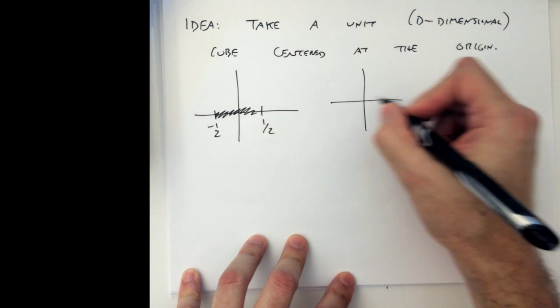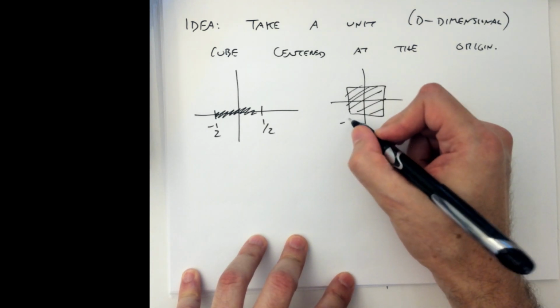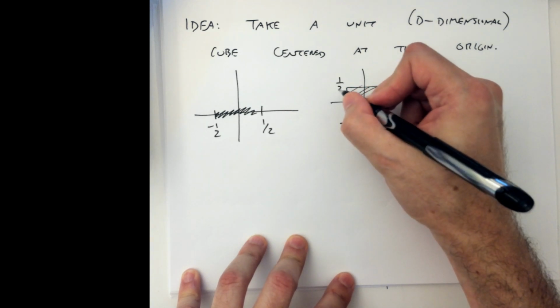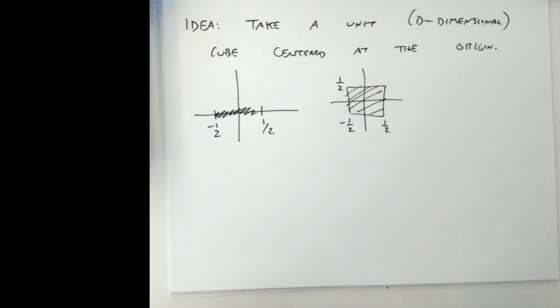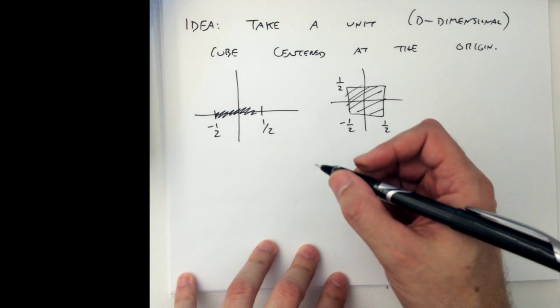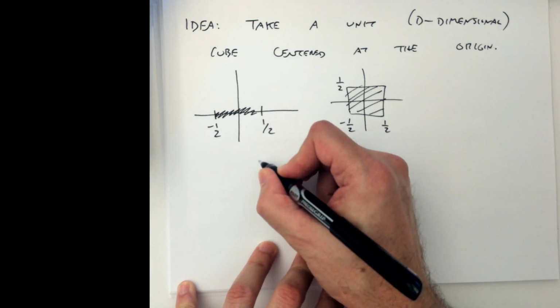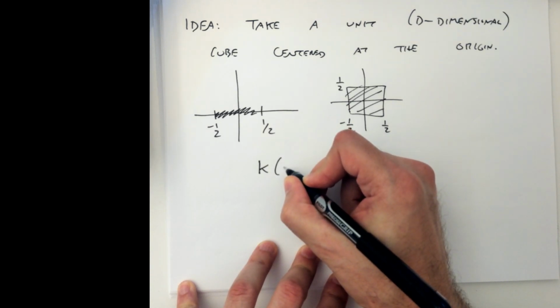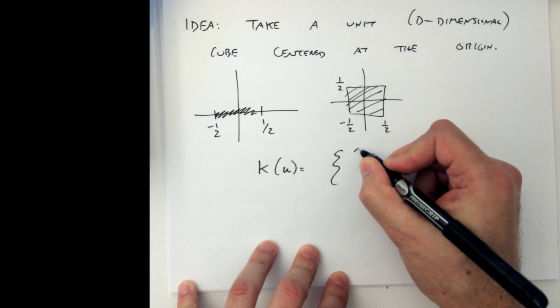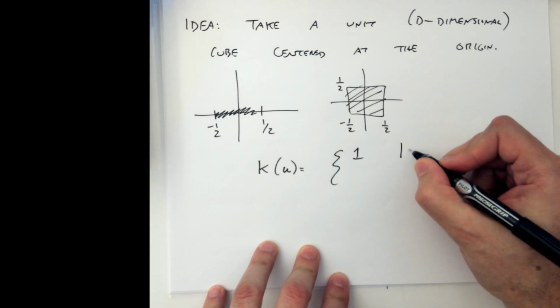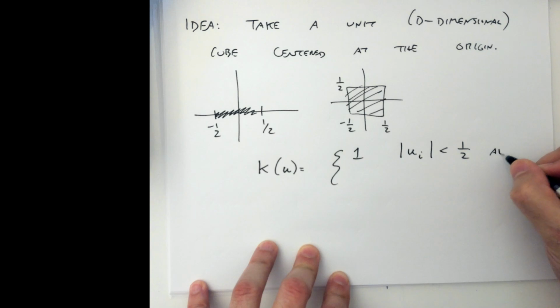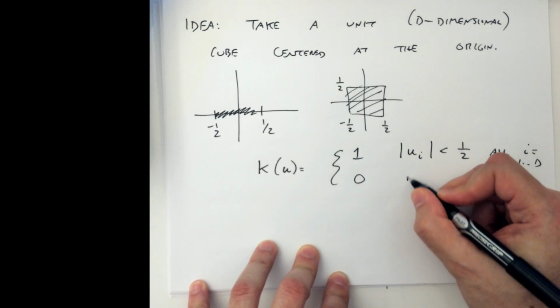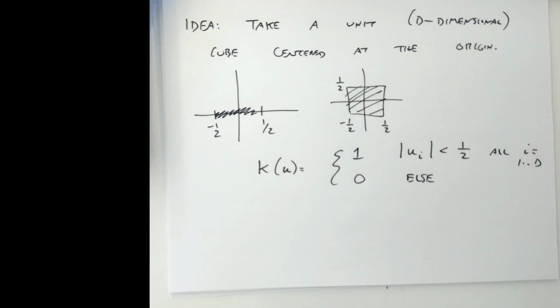In 2D, it looks like this box, right? In 3D, it looks like a little cube. All these cubes have one unit on a side, right? And this we're going to call K. And it equals 1 when the absolute value of each dimension is less than a half for all dimensions, and it's equal to 0 otherwise, right? So that's the formal definition of this cube, okay?